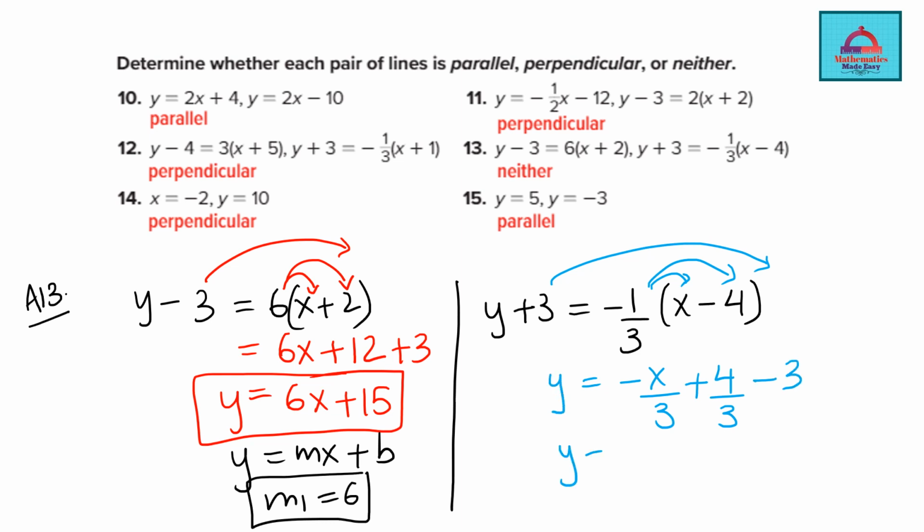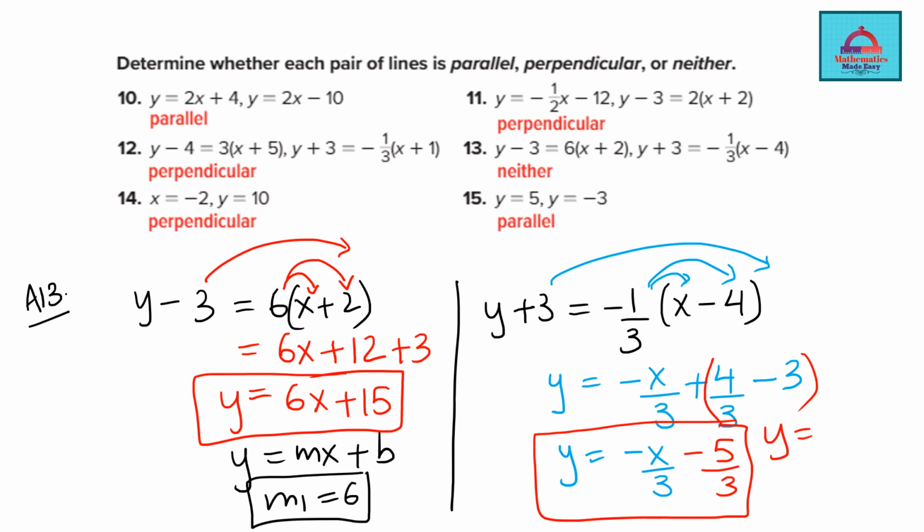So y is going to be minus x by 3, and we can simplify this, take LCM, and it will come out to be 4 minus 9, which is minus 5 by 3. Now if you compare this equation with y equal to mx plus b, then your m comes out to be, let's take this m2 because we have taken m1. So m2 comes out to be minus 1 by 3.